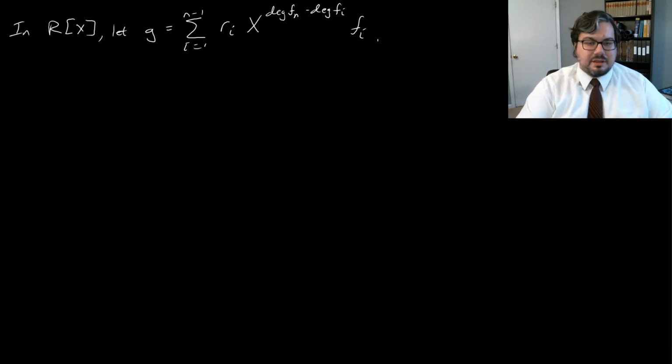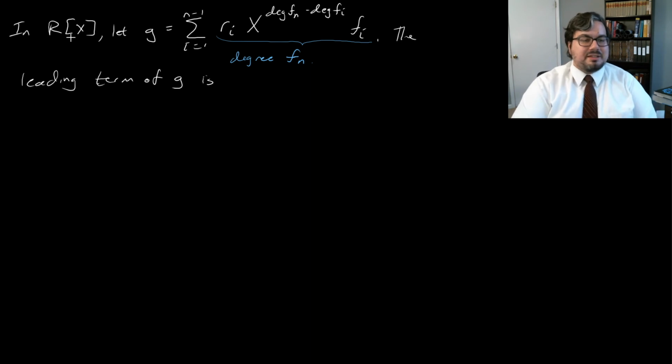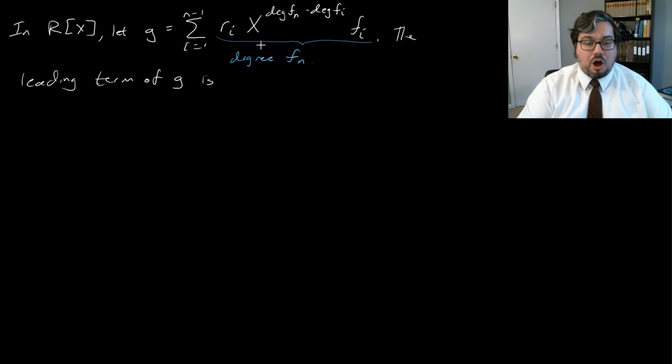Now, the leading term of G is obtained by looking at the leading terms of all of these polynomials. Now, each of these polynomials has degree of Fn, which means that if I want to find the leading term of G, I'm going to take the leading terms of all of these summands.